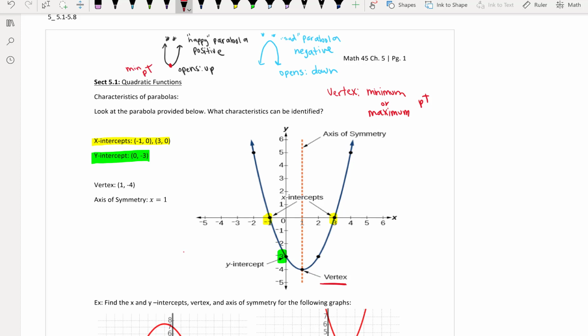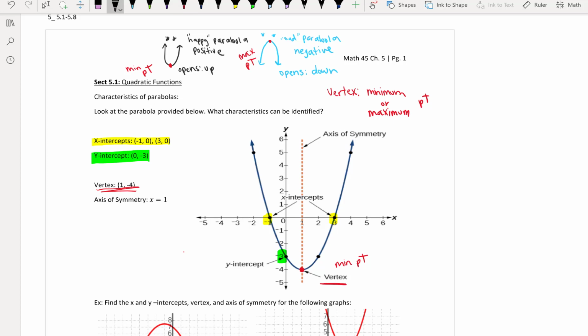If I have a sad negative parabola, then I have a maximum point. So in this case, because it's a happy smiling parabola, I'm going to have my minimum point. And that minimum point happens to be (1, -4).